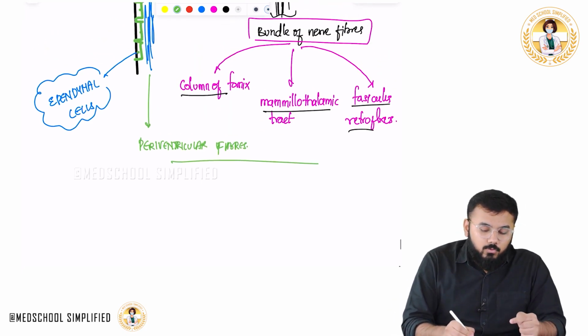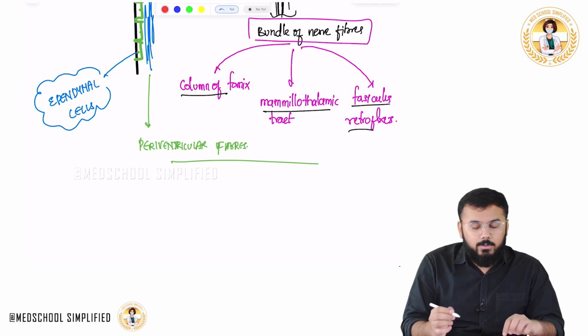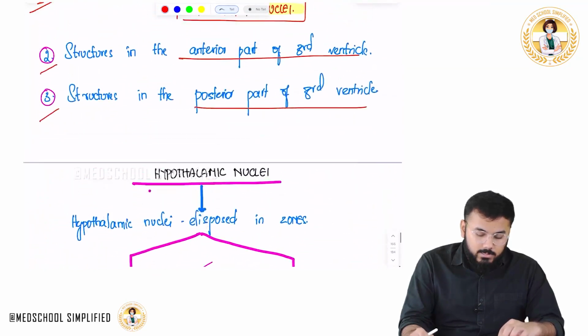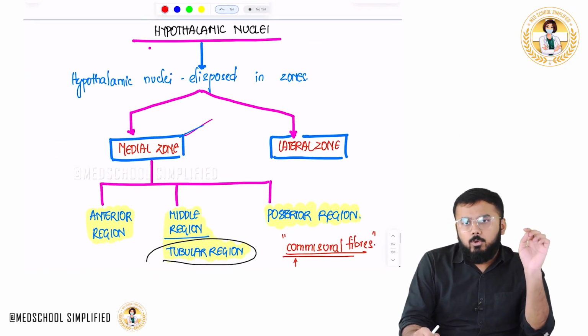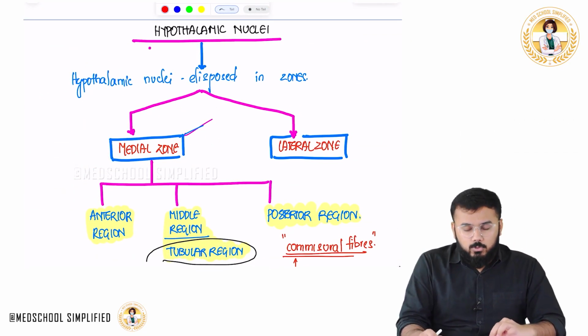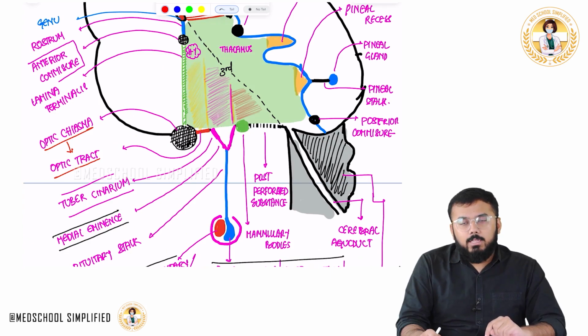So overall guys, what are the things we have discussed over here? Let us start from the beginning and revise this. I have discussed the hypothalamic nuclei. Where are these hypothalamic nuclei located? They are located in the anteroinferior part of your hypothalamus.